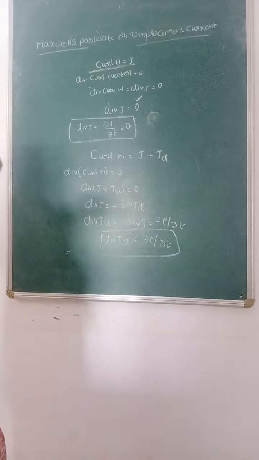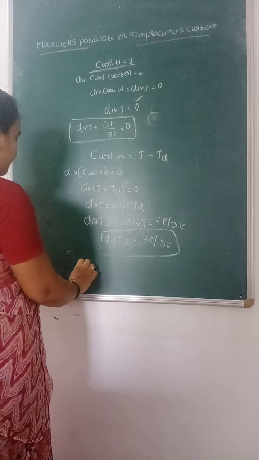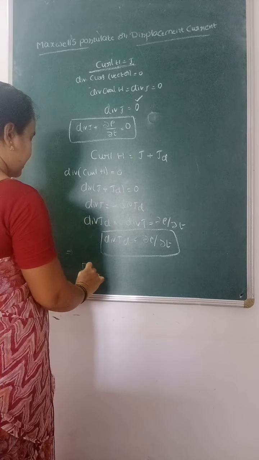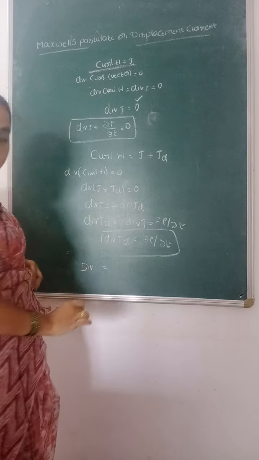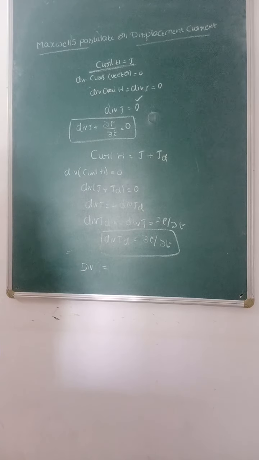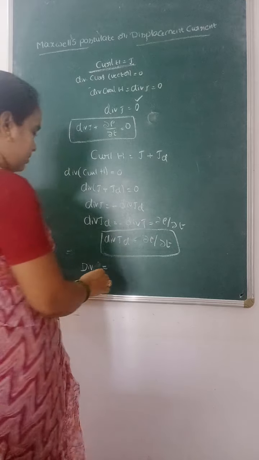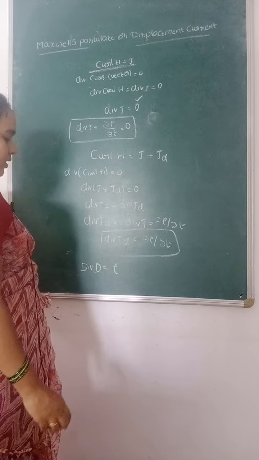From the differential form of Gauss law, we know that divergence of D is equal to rho.